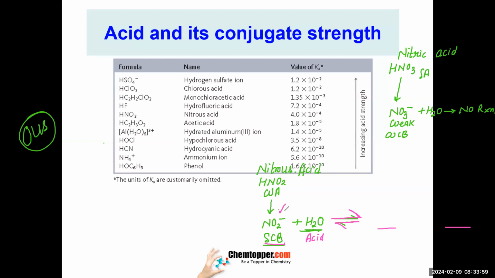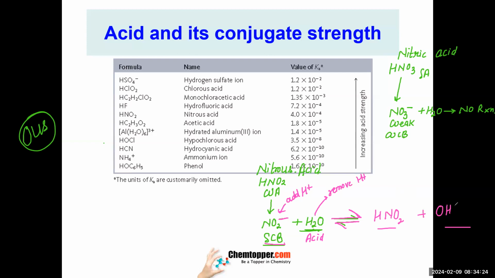Add H plus, then it is HNO2. You are adding H plus: this is minus, minus plus plus gives no charge. And from water, remove H plus, so it becomes OH minus.